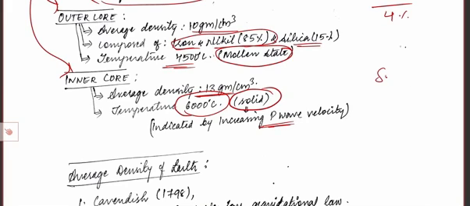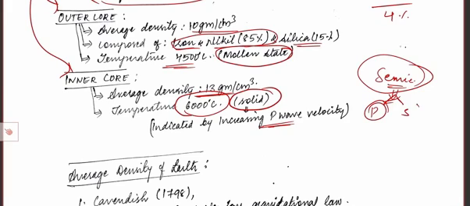Due to seismic waves, we can know what kind of interior is present inside the earth. Seismic waves will take a separate class for this. It is a long topic. Due to seismic waves, we will understand the kind of earthquake. For now you should know that there are two kinds of seismic waves, P waves and S waves.